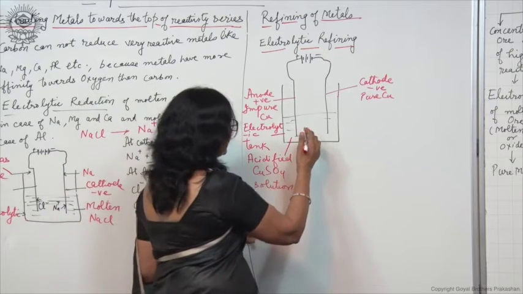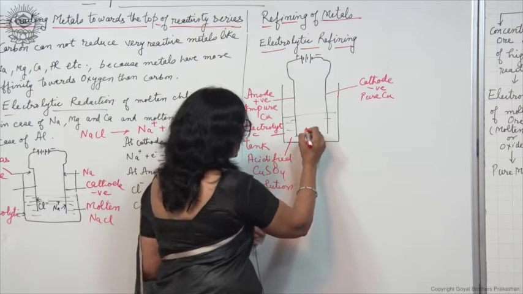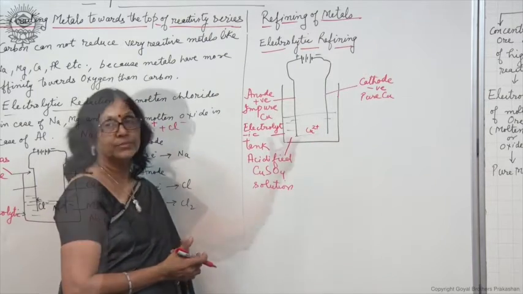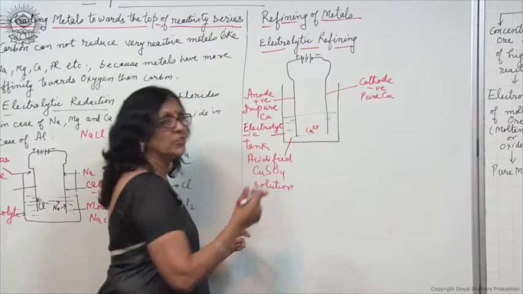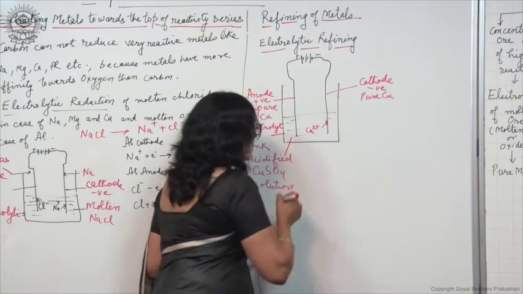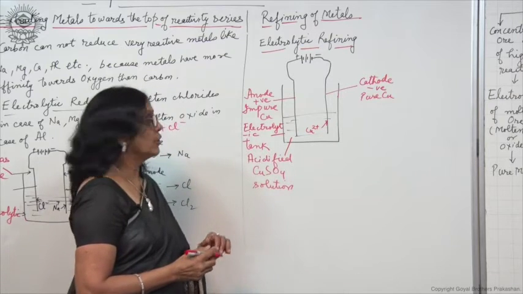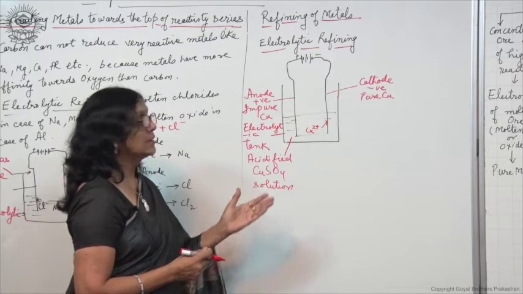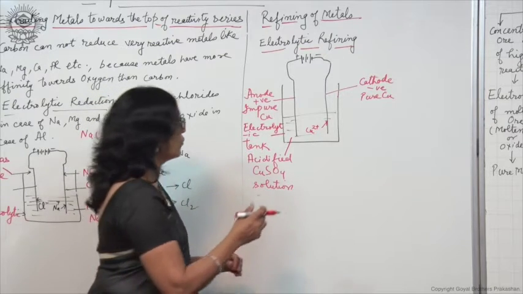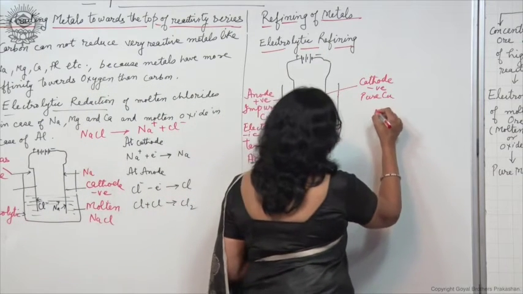What happens? The copper ions will be attracted towards the negatively charged cathode. Copper ions will go towards cathode, and there they will gain 2 electrons and form copper. So, what happens at cathode?